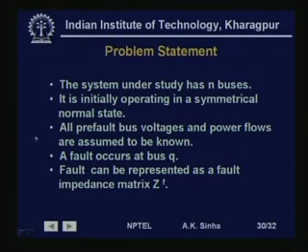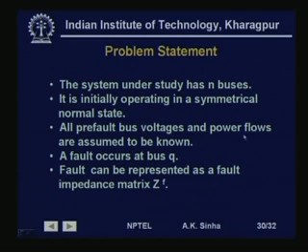Before we start analyzing a large system, we need to define or state the problem. We say that the system under study has n buses, where n is normally a large number. It is initially operating in a symmetrical normal state, that is, we assume initial conditions are steady state conditions.